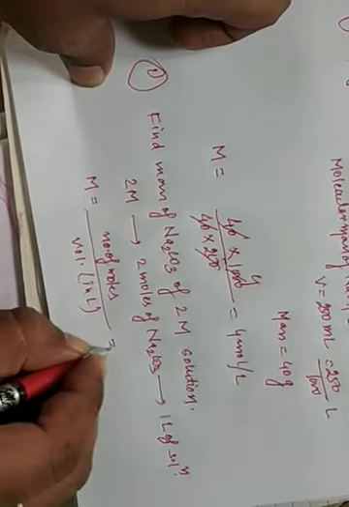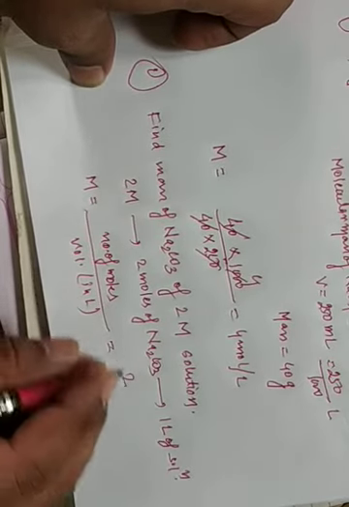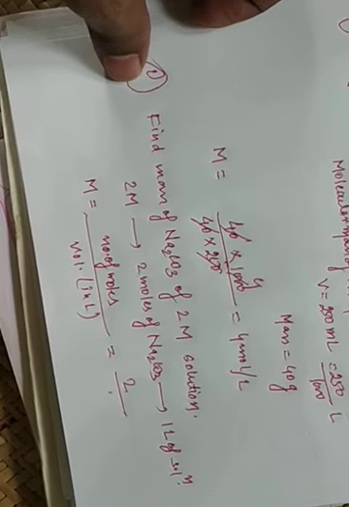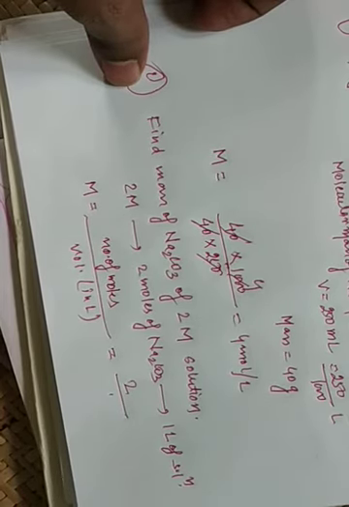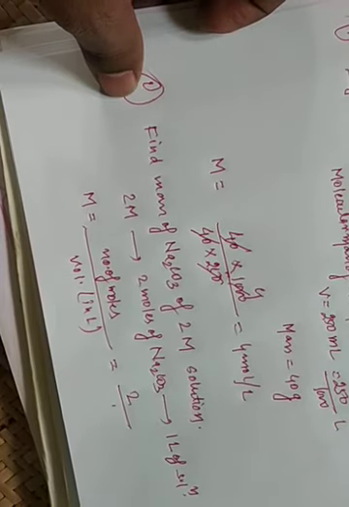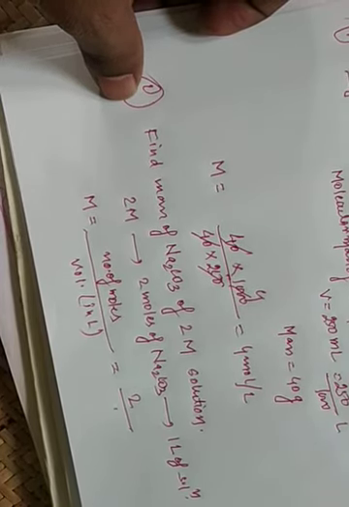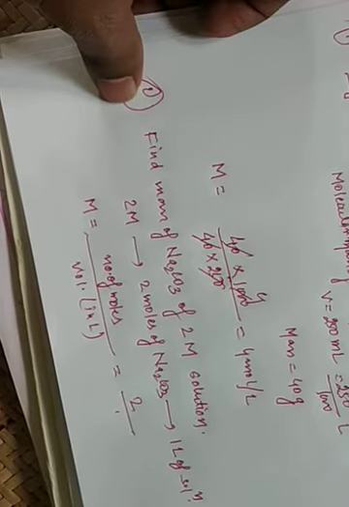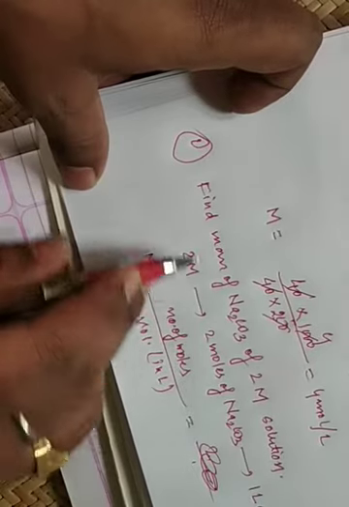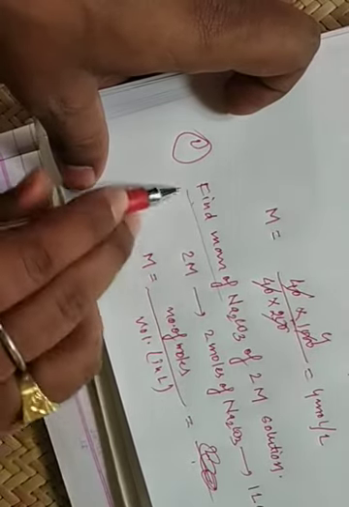Okay, so moles is what? 2, and volume is... just wait. Moles is given, but we have to find the mass.